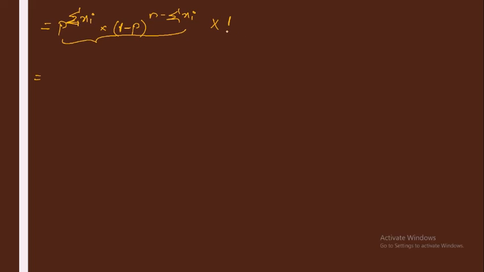This is multiplied by 1, which is independent of your parameter. So now you can write L1 of summation xi, p multiplied by L2 of x1, x2, etc., xn, where this thing is 1.